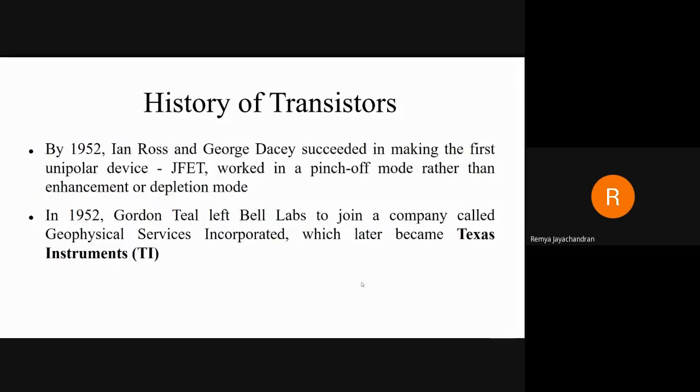And in 1952, Ian Ross and George Dacey succeeded in making the first unipolar device, that is the JFET. And in 52, Gordon Teal left Bell Labs to join a company, which was later named Texas Instruments.